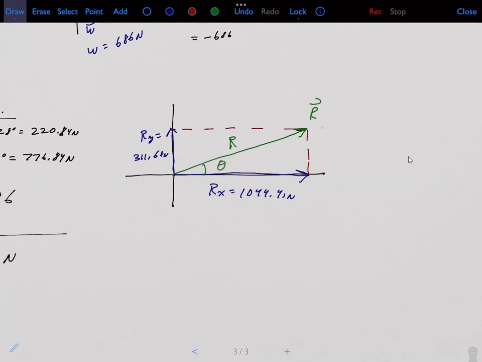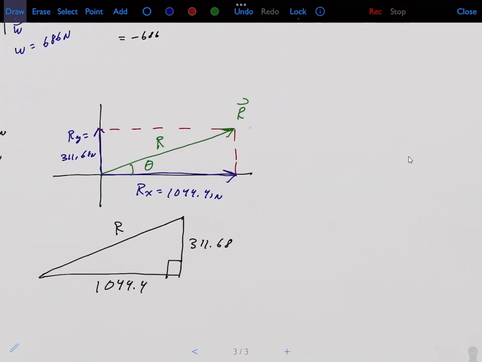So if I extract out this right triangle here, this is 1044.4. This is 311.68, and I want to find R. So how do I do that? We've done this a bunch of times. I just need to use the Pythagorean theorem, right? So r is going to be the square root of 1044.4 squared plus 311.68 squared.